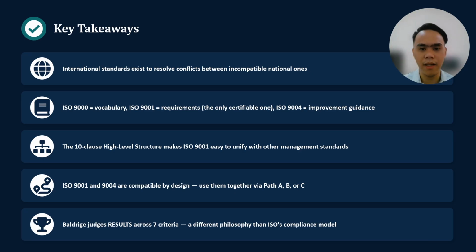And fifth, the Malcolm Baldrige National Quality Award judges results across seven holistic criteria: leadership, strategy, customer focus, knowledge management, workforce, process management, and the actual business results, including competitive standing. That's a meaningfully different philosophy from the ISO compliance-based model. Knowing both approaches gives you a complete picture of how quality gets recognized and rewarded, both internationally and within the United States specifically.